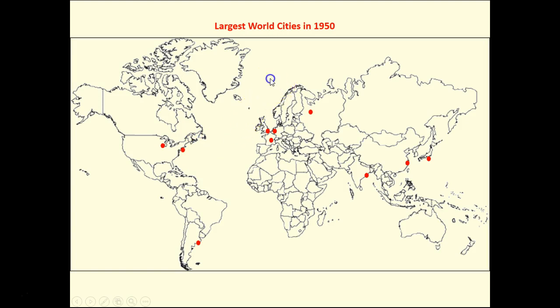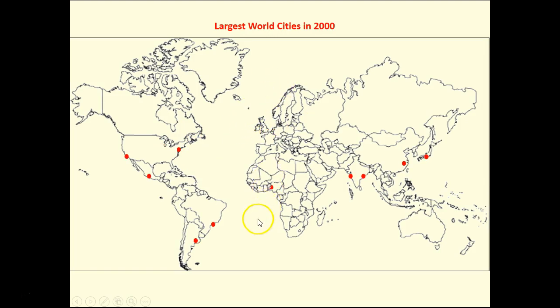Now 50 years later, with the advent of the internet, clearly a global world with North America, South America, Africa, and Asia having some of the largest cities in the world. Notice Europe has lost that hegemony that was there just 100 years ago. So throughout time, as events happen and as changes happen, we see cities representing these changes.